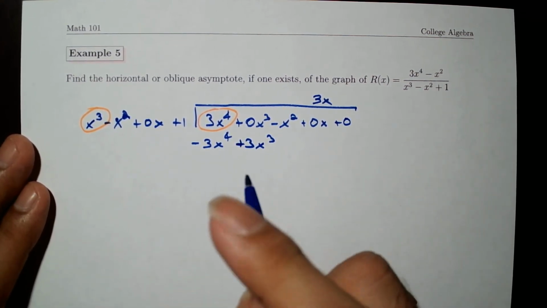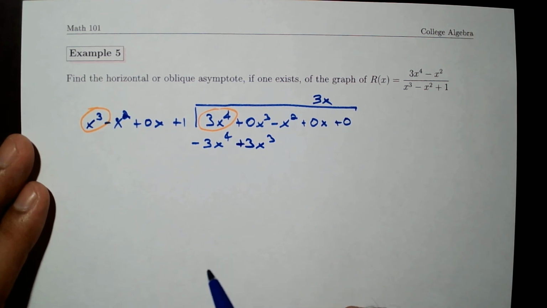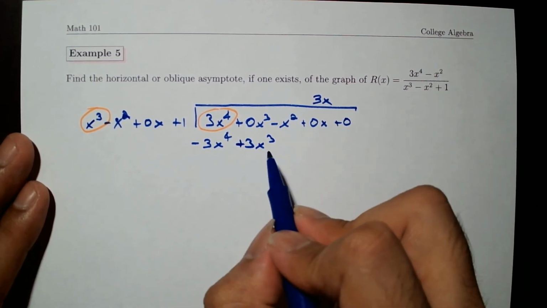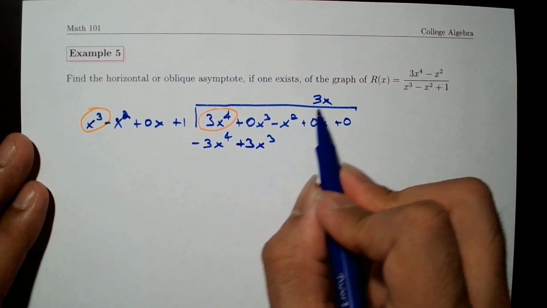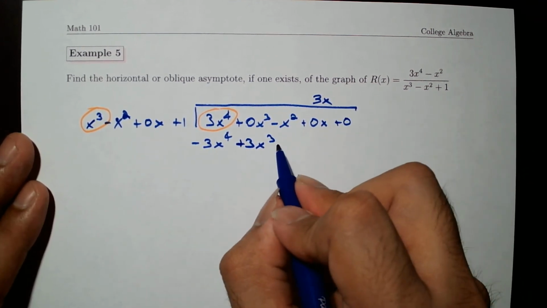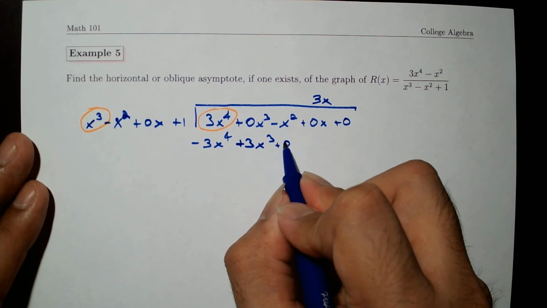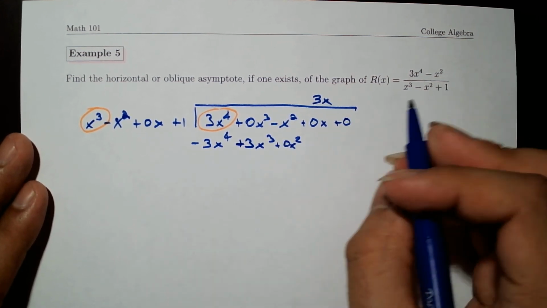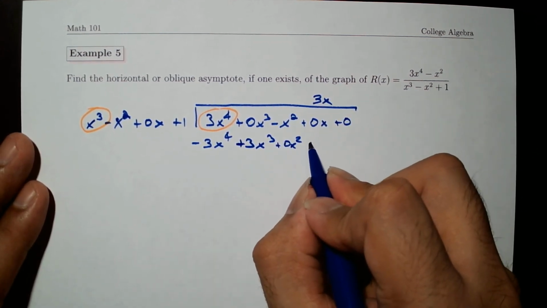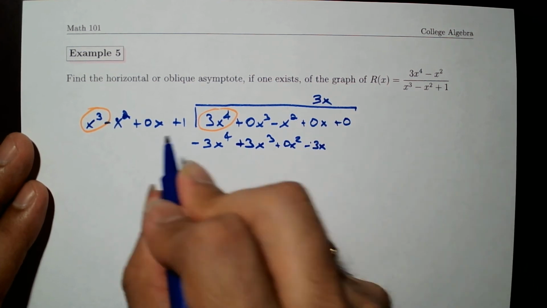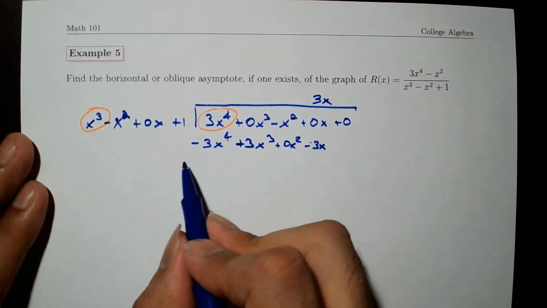Change that to positive. All right. So in this case, 3x times 0x, that's going to give me 0x squared. And 3x times 1, that's going to give me negative 3x. Okay, two positives, we change it to negative.